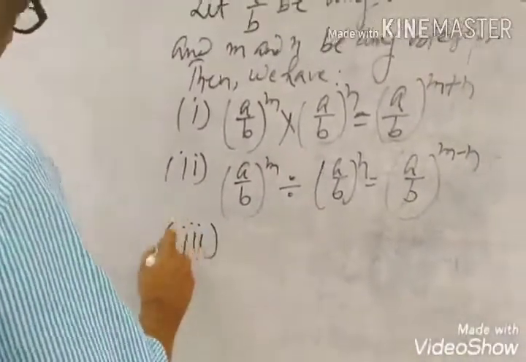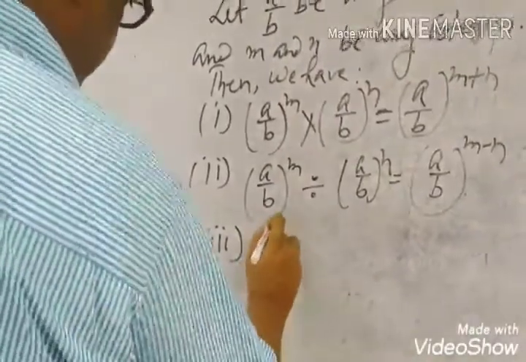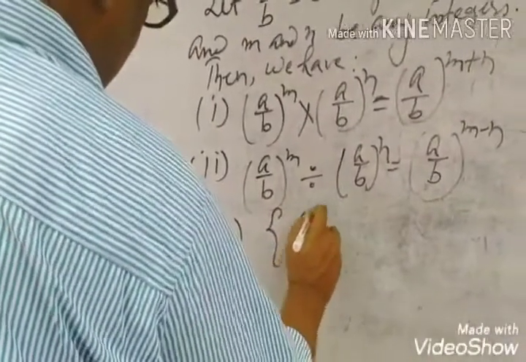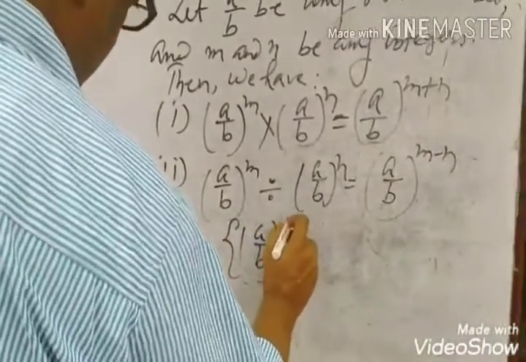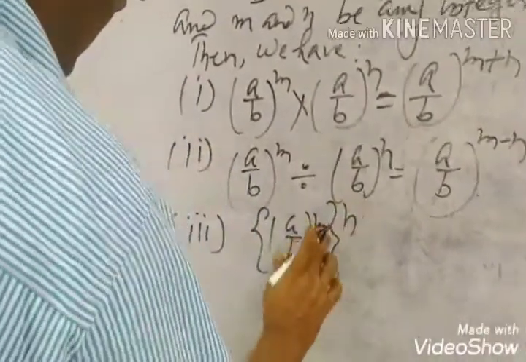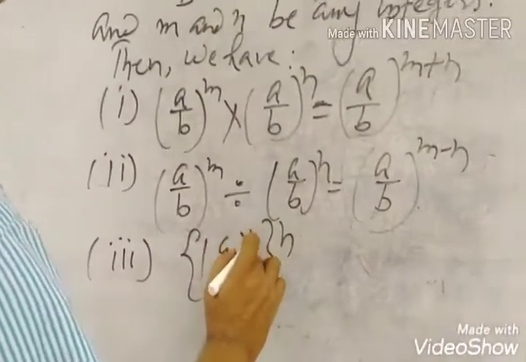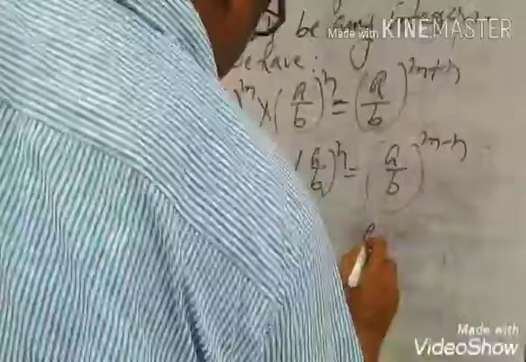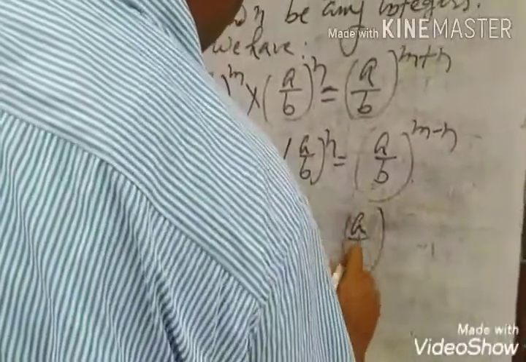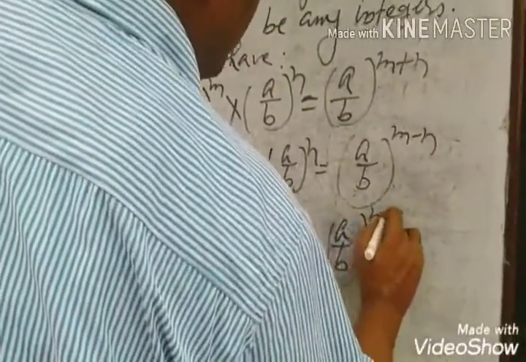Third law of exponent: ((a/b) to the power m) to the power n equals (a/b) to the power m into n.